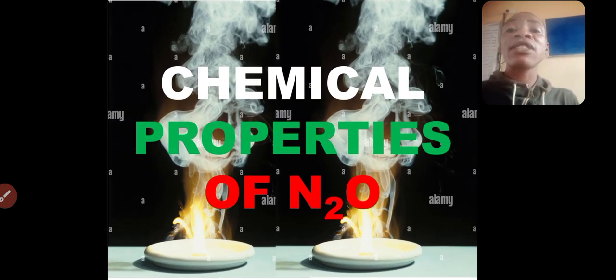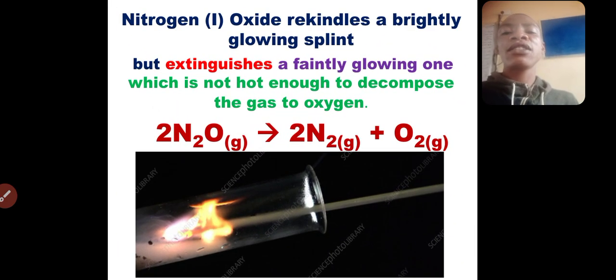However, if the compound is not burning with sufficient heat, it will not be able to decompose it. So we want to look at the chemical properties of nitrogen 1 oxide. Nitrogen 1 oxide rekindles a brightly glowing splint but extinguishes a faintly glowing one, which is not sufficiently producing heat that can decompose it to oxygen.